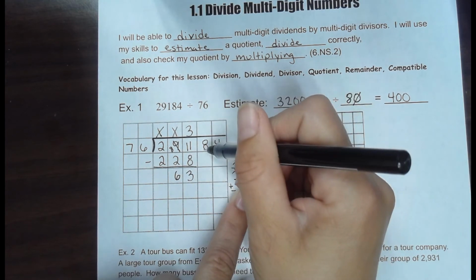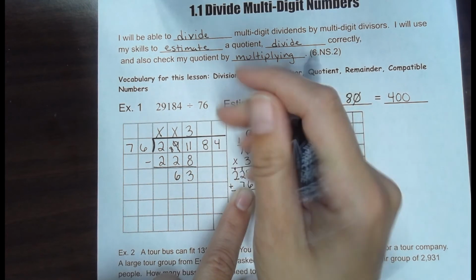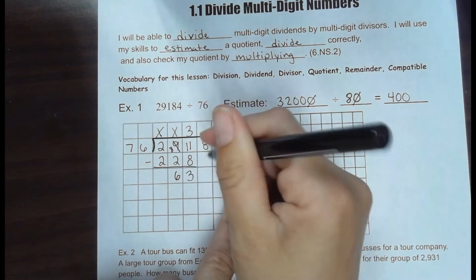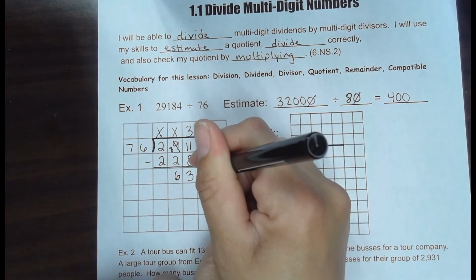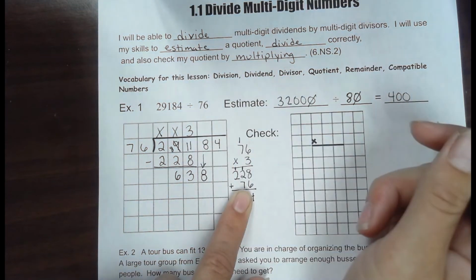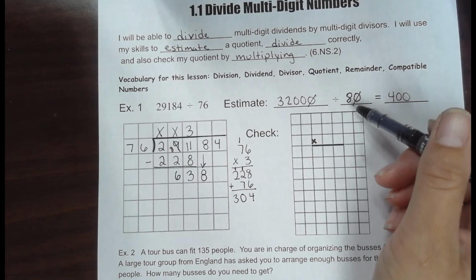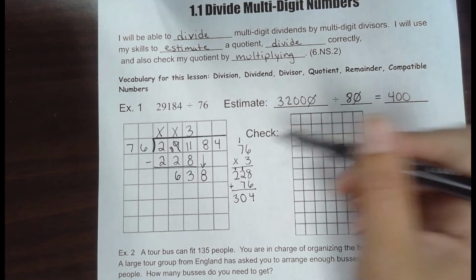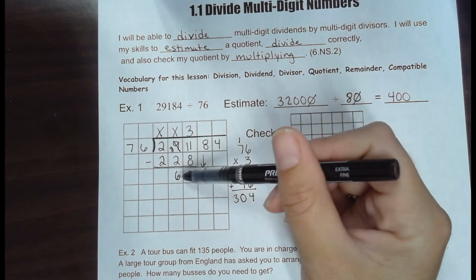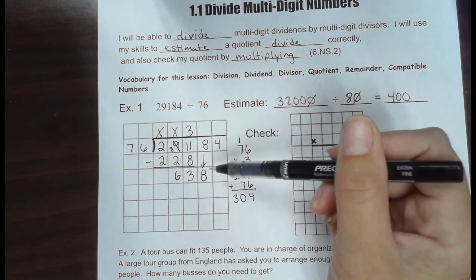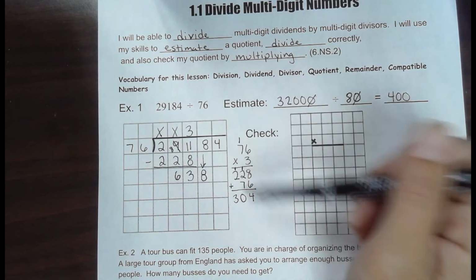Now I'm going to change into the next place value. So now I'm looking here, and I'm going to bring down the 8. So now I'm looking at 638 tens. So let's use our estimating skills again to decide. If 80 was what I was estimating with, I can figure out about how many groups of that would fit out of 638.